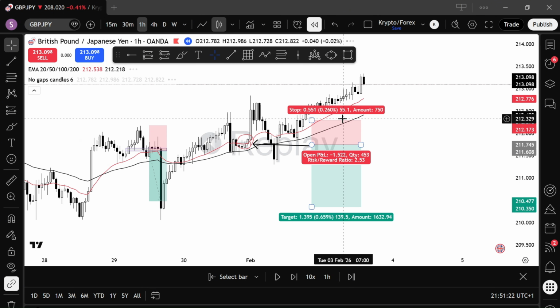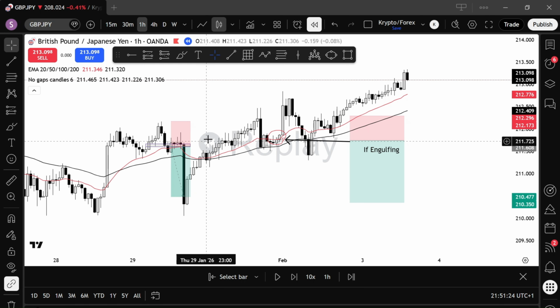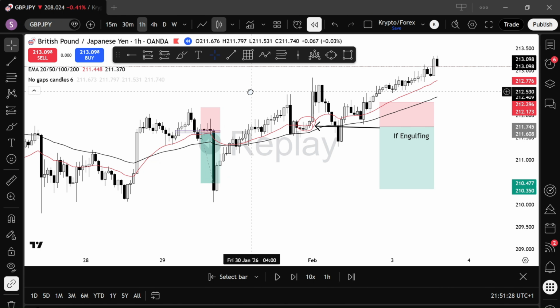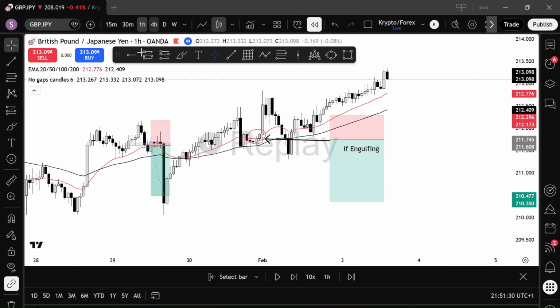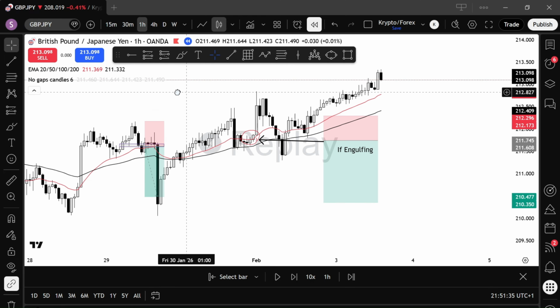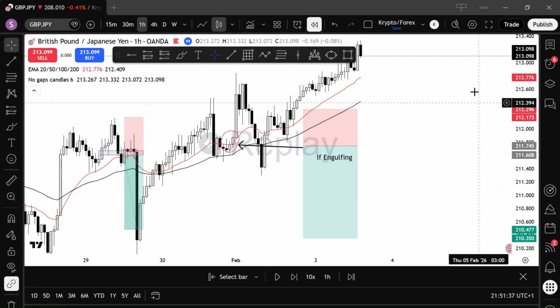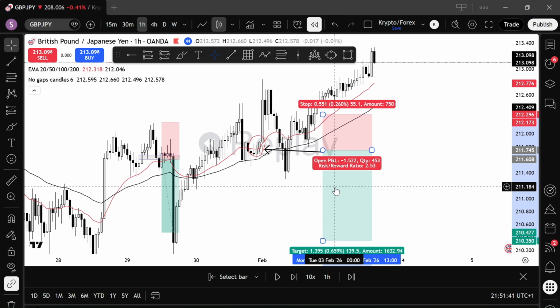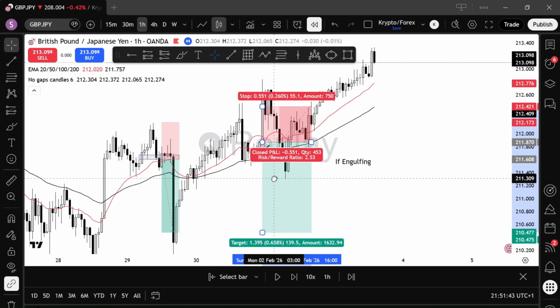That would have been a great trade to take, but I didn't, obviously, because I couldn't, or I missed it, or it was too late, I don't know exactly. But that was a trade we wanted to take. That was right here, like that.